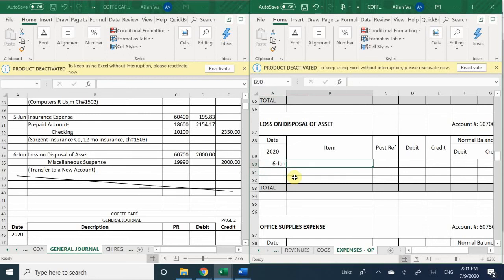For items, there's actually nothing here we need to really indicate, because it says loss on disposals of assets. Post reference is going to be general journal number 1, G. And we know that it's a debit for $2,000, and therefore my balance is going to be $2,000.